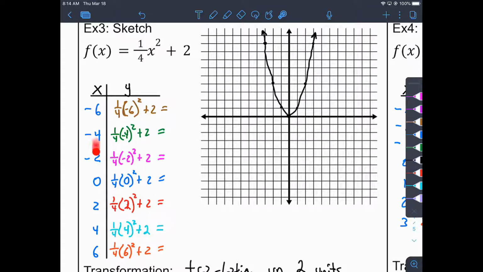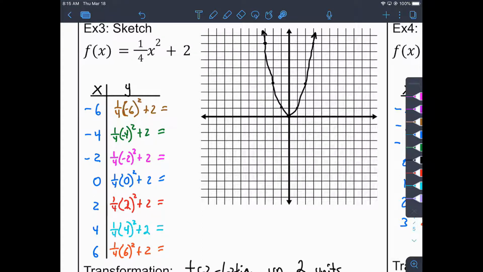So I just picked some values and plug them in for the x position. I still have to square it. I still have to basically divide it by 4. That's what multiply by 1/4 is. It's dividing by 4. And then add 2. So when I take -6 and square it, that's positive 36. And then I would divide it by 4. 36 divided by 4 is 9.